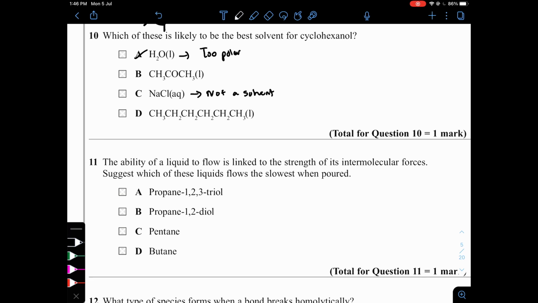And D, we have hexane, 1, 2, 3, 4, 5, 6. Hexane is non-polar, so it would not dissolve cyclohexanol at all. So the only thing that would be similar in terms of polarity would be this. So that's why B is the answer.